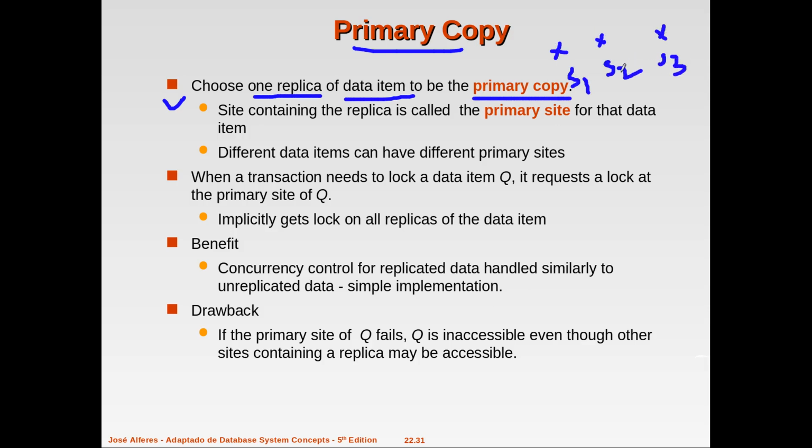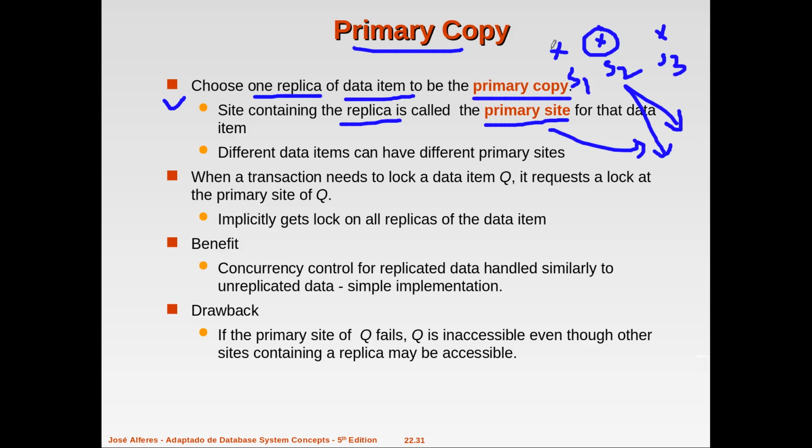Randomly or by using any method, I will choose one H as the primary copy, and the site which contains that replica, this site S2, will be considered as the primary site.